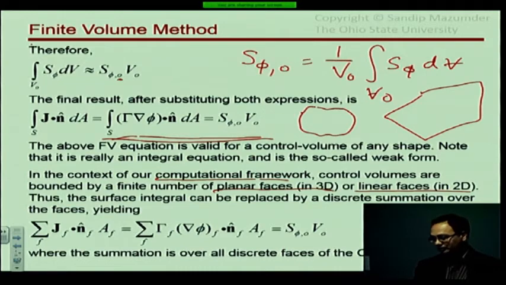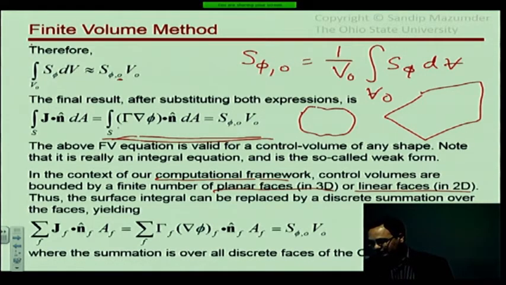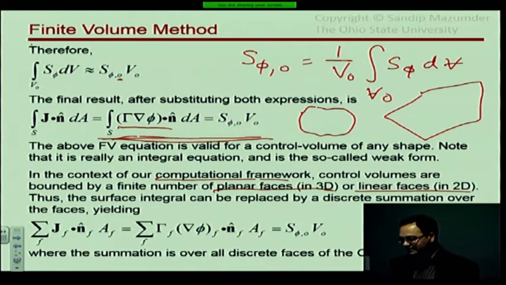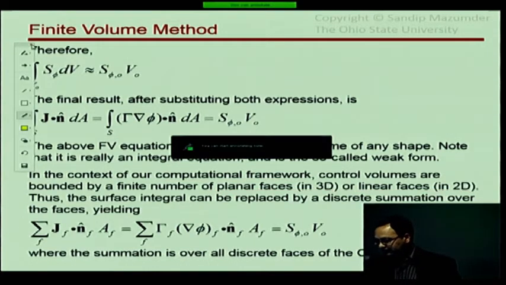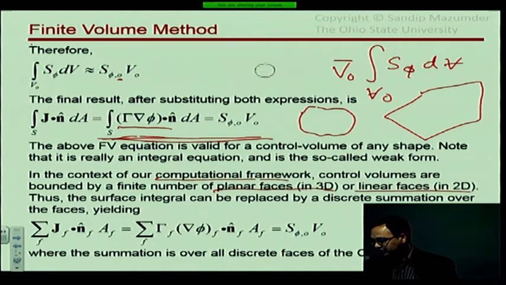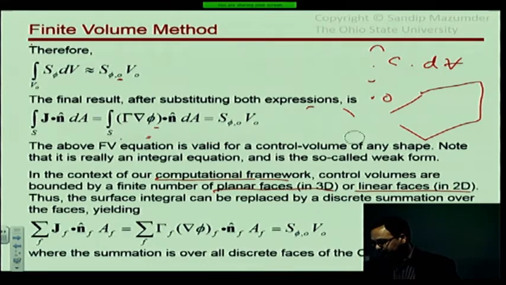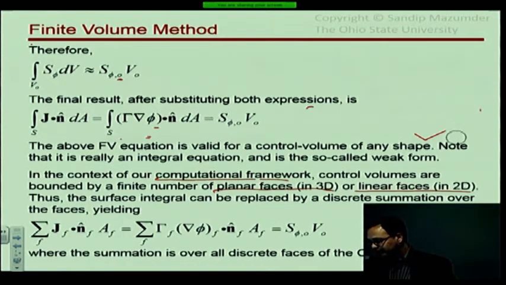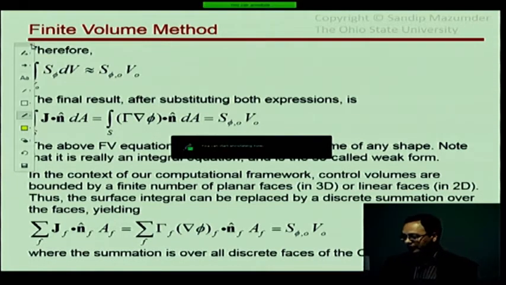So therefore what we can say is we can simplify this surface integral further. There's a step missing in going from the top equation here to the bottom equation, so I'm going to elaborate on that a little bit here. So here is what happens. We start with this.